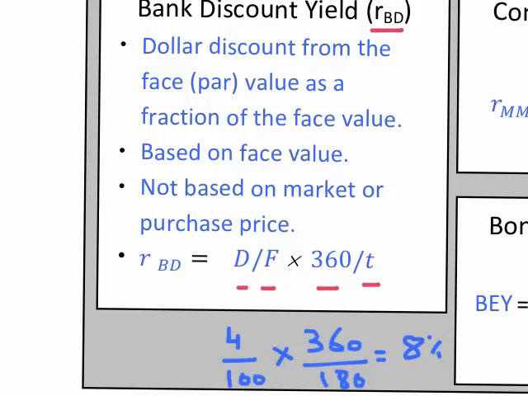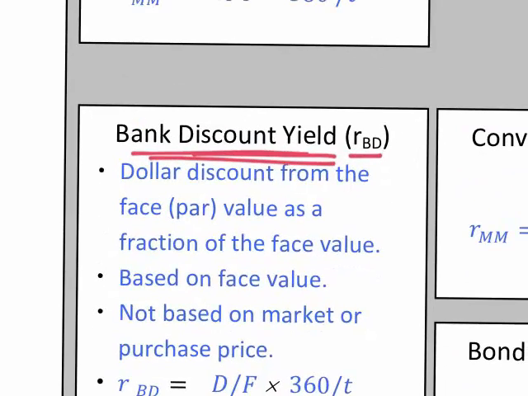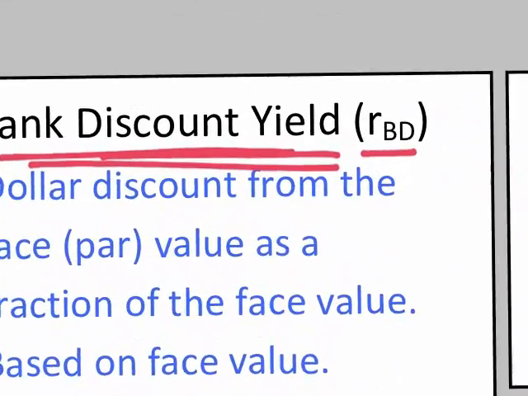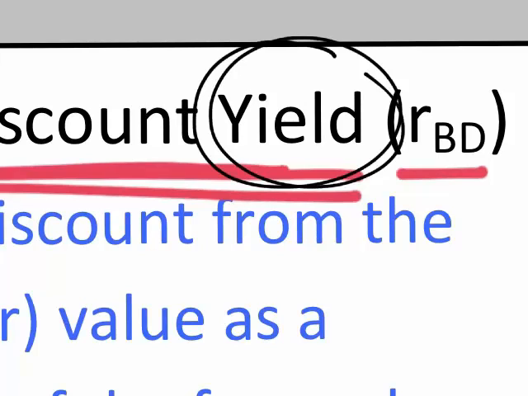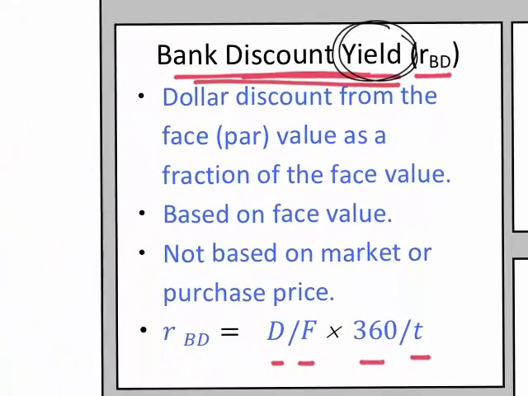So basically, if you just multiply it by 2, what you get is bank discount yield, and it is not correct. Why? Because it has two problems. The word yield will be discussed again in detail. It's a very important term in CFA, yield. But this bank discount yield is not correct.